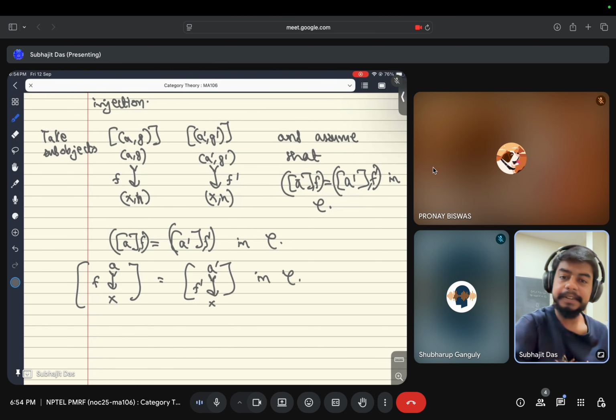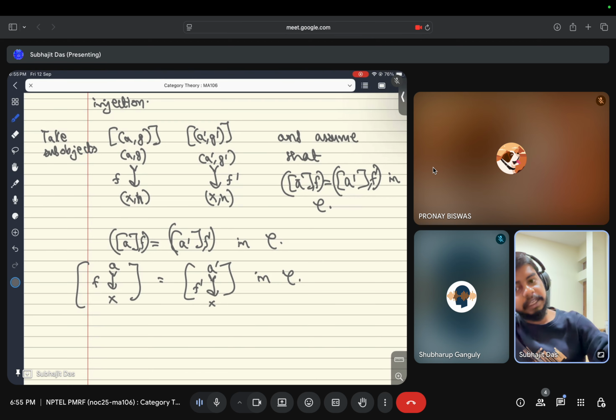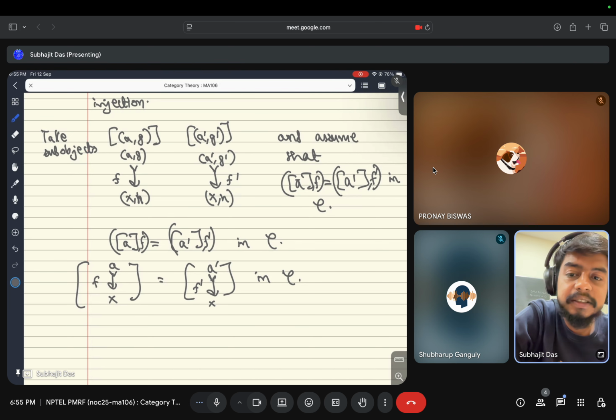This means that as sub-objects of X, F and F' are equivalent, which means that, what does this mean?